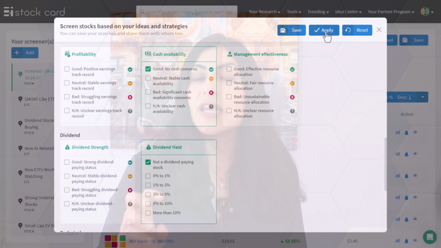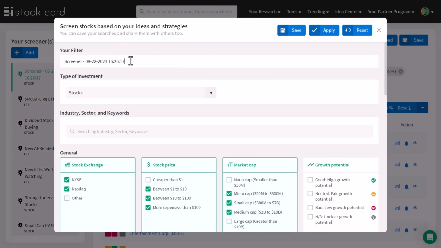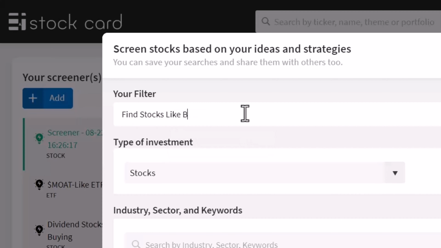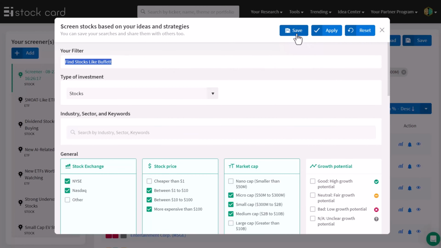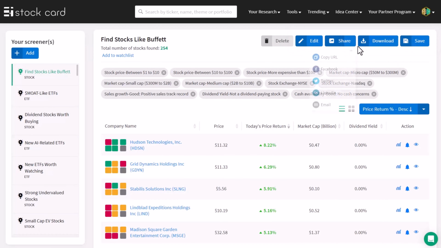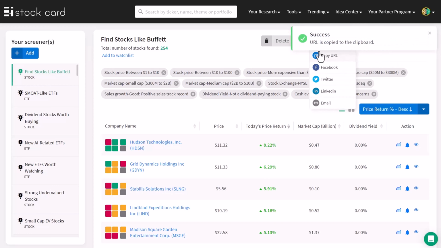It is very easy to take this screener and make it more personal to your investment strategies. For example, if you want a company to be profitable, or rather to invest in undervalued stocks, those are additional criteria you can add to this screener.